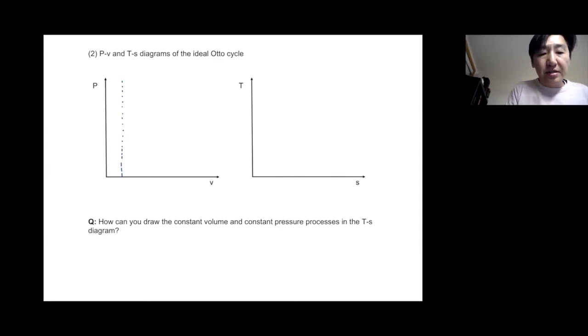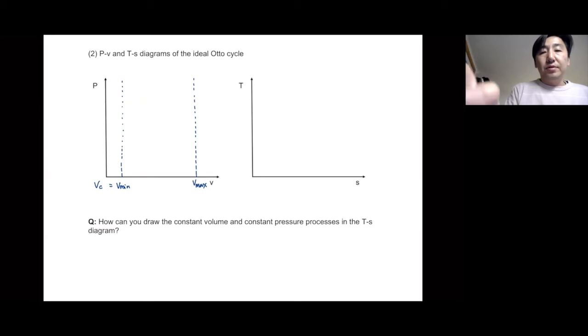So basically, that is the clearance volume. And there is another volume that is the maximum. Let me write it down here. So there is a V minimum, but that is essentially the clearance volume.